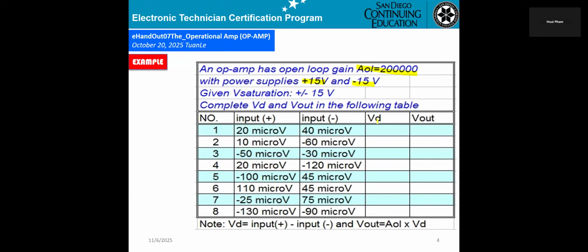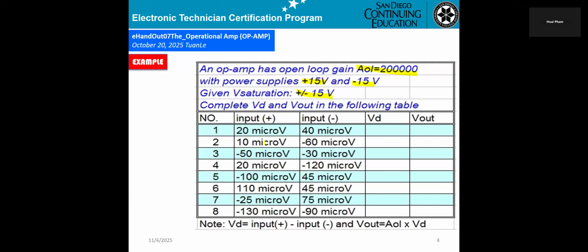And they also gave a saturation voltage. Normally it will be less than 15 volt or minus 15 volt by 1.4 volt. However, in this example, they gave you the same, 15 volt. That doesn't matter.